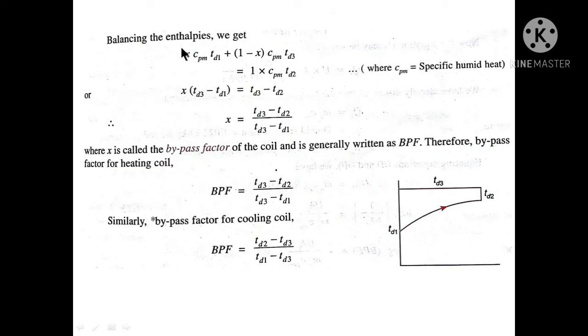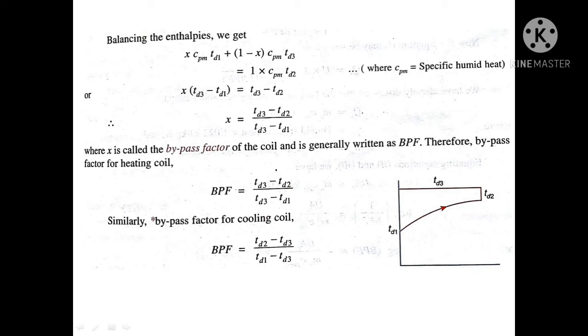Now we can see the balancing of enthalpies. We get x CPM TD1 plus (1 minus x) CPM TD3 equals CPM TD2. You have to simplify this.